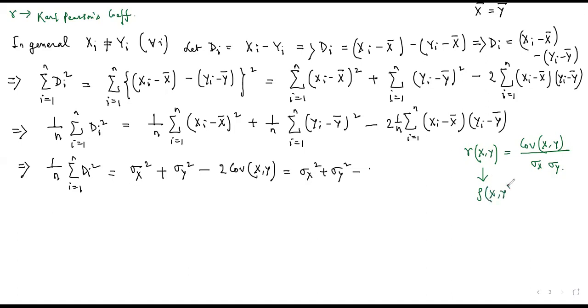So rho xy is the correlation coefficient, but we are changing the symbol for the time being, since we are interested in a special case of Karl Pearson correlation.